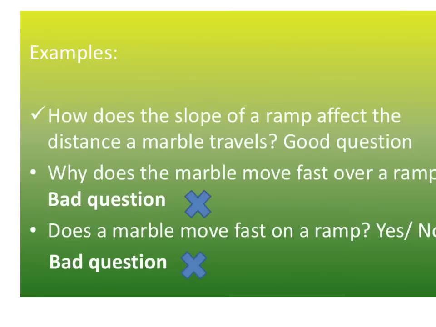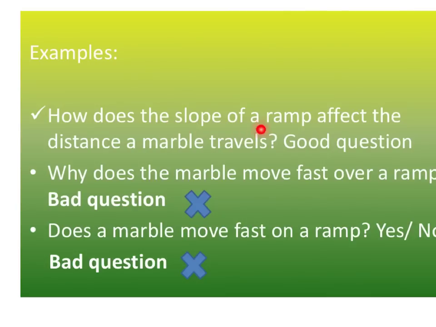Some of these questions are, the first one is a good question. How does the slope of a ramp affect the distance a marble travels? This is a good question because in the question we state what we're going to test.